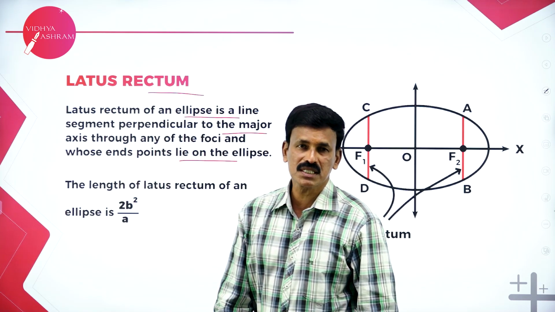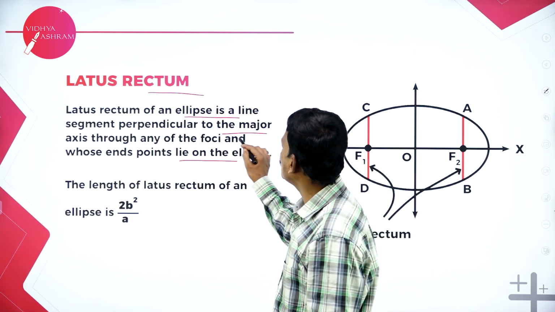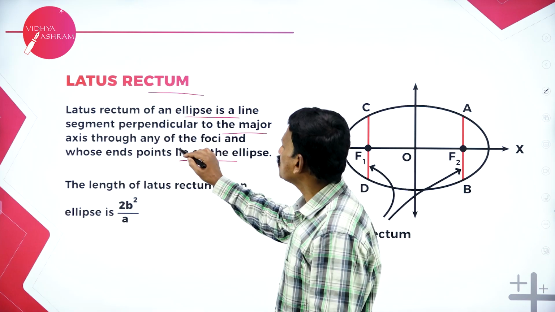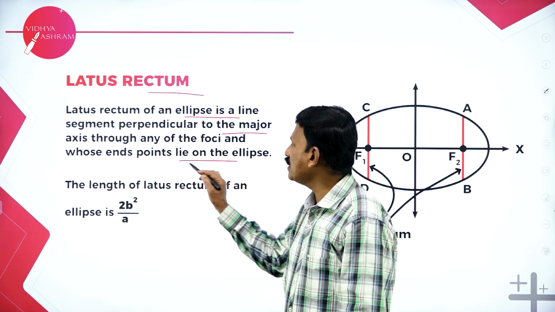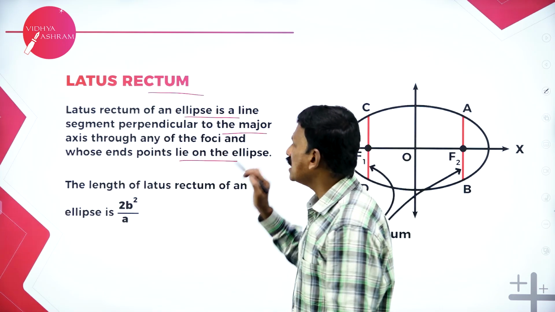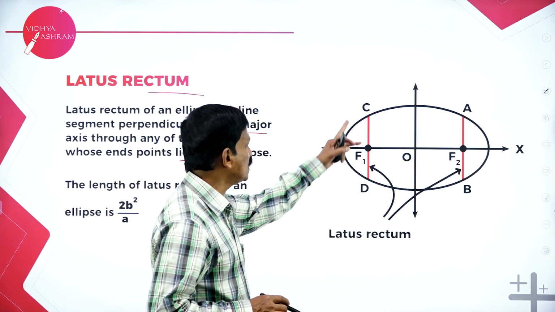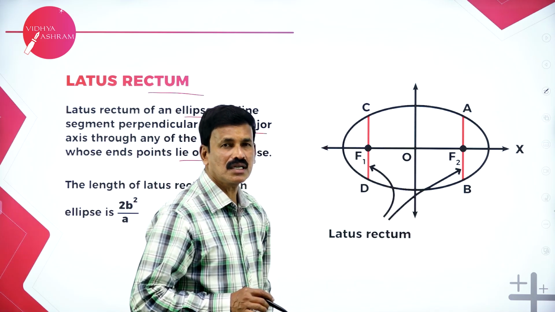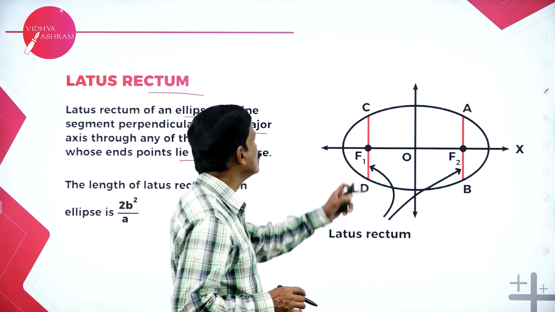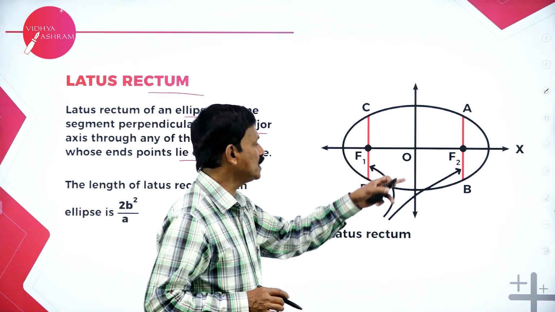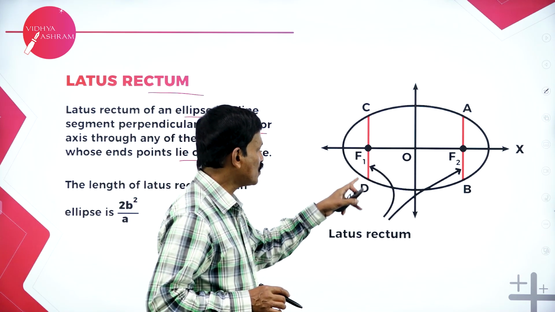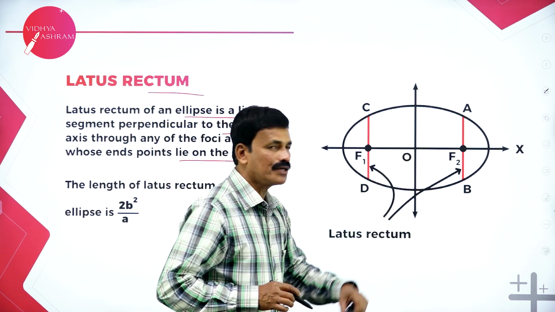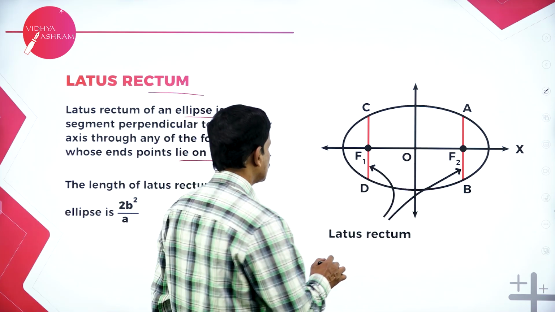So here CD and AB are the latus recta. CD will pass through F1 and AB will pass through F2. These are called the latus rectum.